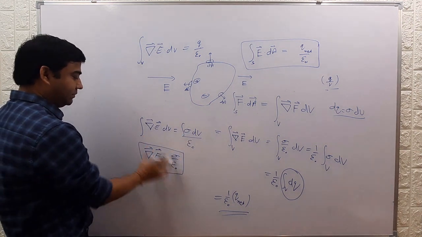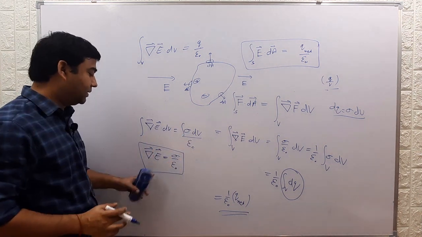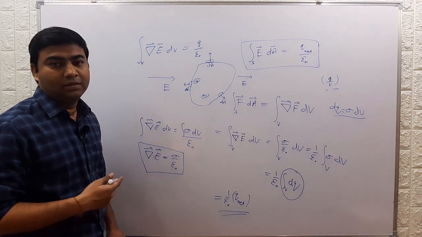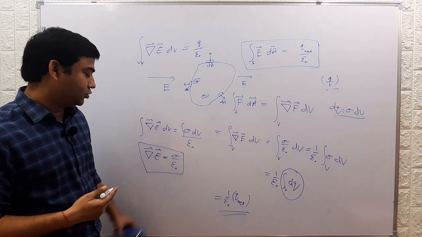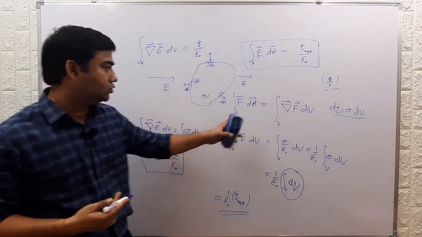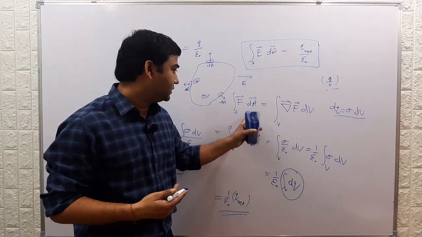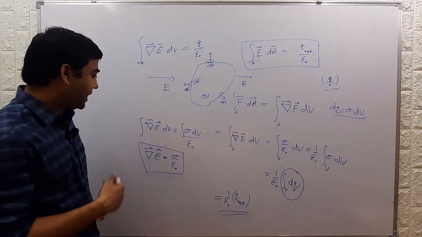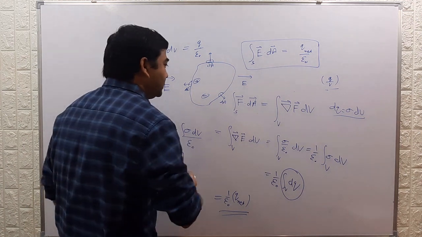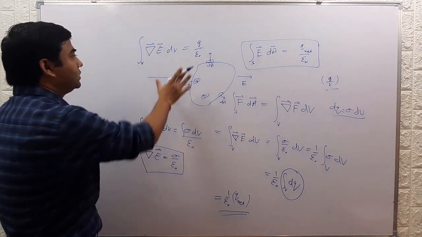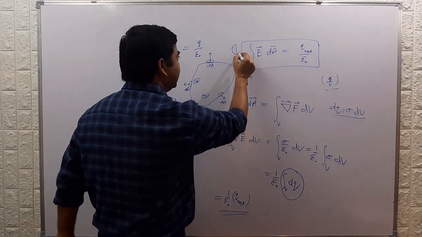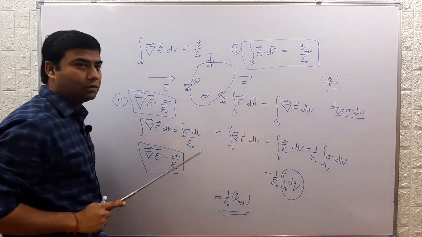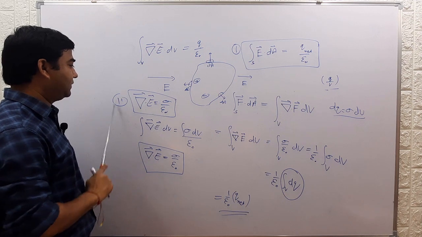This expression is nothing but the Maxwell equation for low frequency which we initially used to derive Gauss's law for the electric field. So this is another form of Gauss's law, which is called the differential form. This is the integral form of Gauss's law, and this is the differential form.